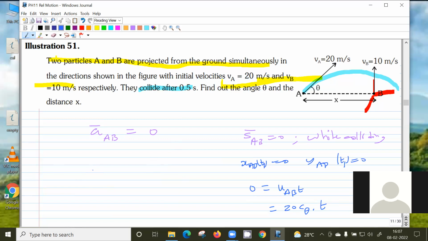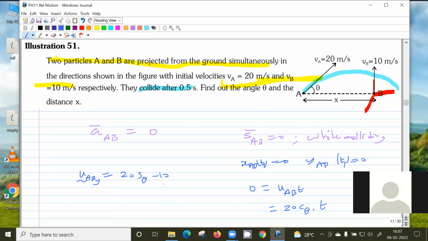Similarly, YAB is 0. There is no relative acceleration, no, so it's only UAB in the y direction into T. How much is UAB in the y direction? 20 sine theta minus 10, at the initial time.